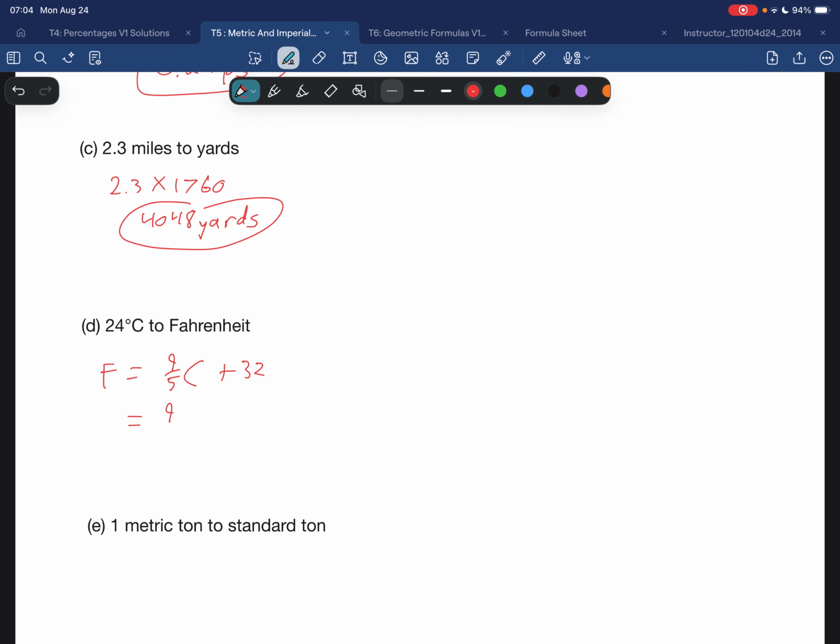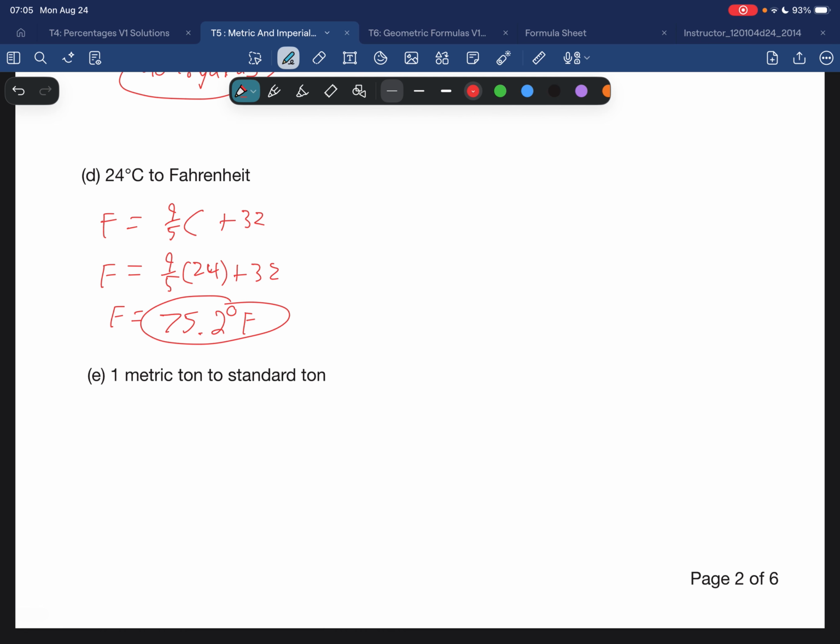So we're going to do 9 over 5 times 24 plus 32. And that gives us 75.2. Let me write this a bit neater. 75.2 degrees Fahrenheit. There we go.